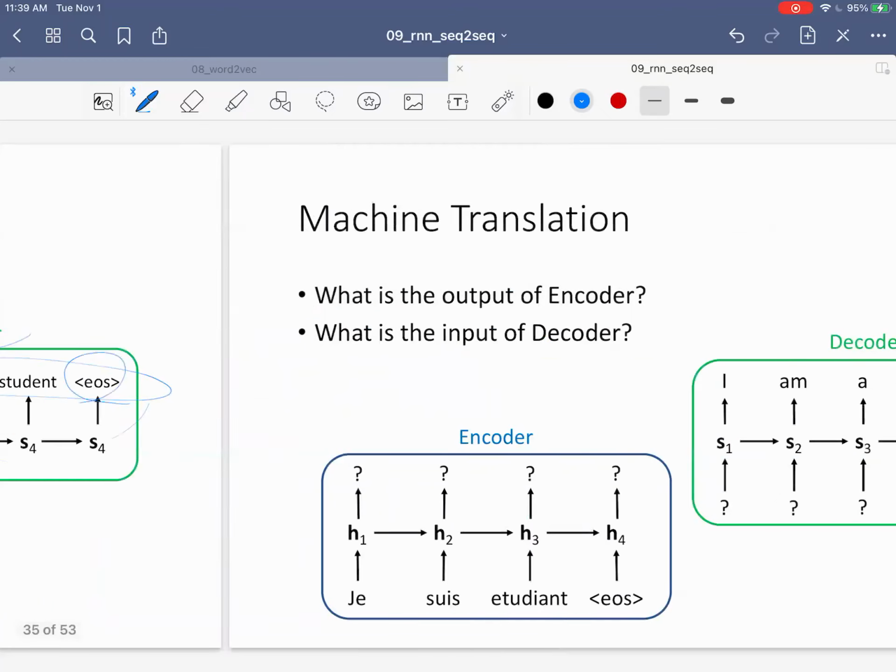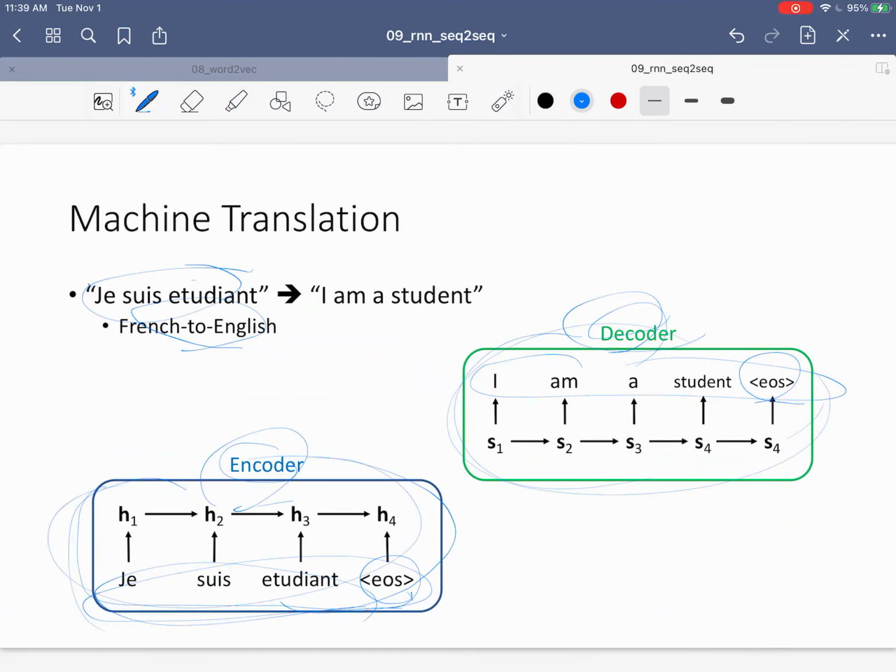This architecture was proposed by Professor Kyunghyun Cho way back in 2014. It requires zero domain knowledge, because you don't have to know French or English. You just need a parallel corpus where one side is French and one side is English, and then you can train this model without any linguistic domain knowledge. That's the power of sequence to sequence.